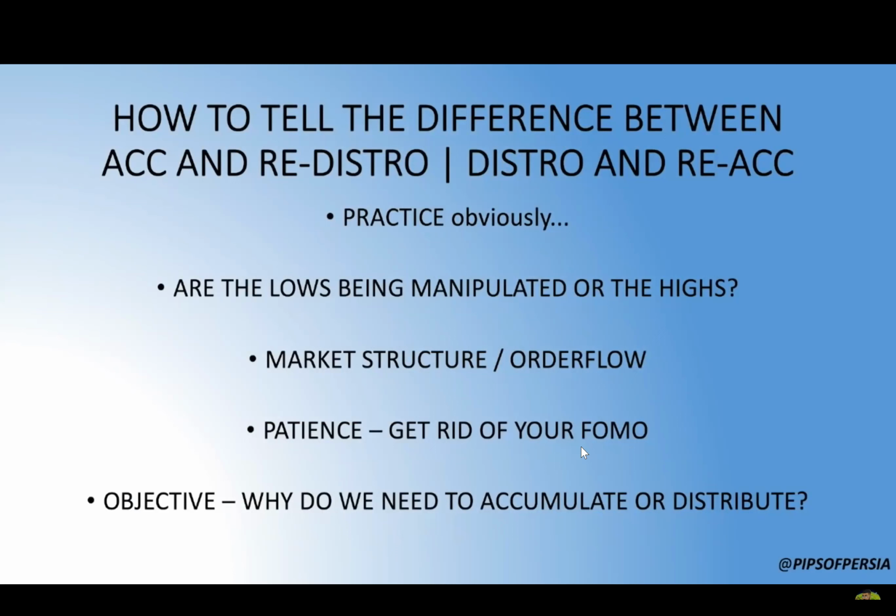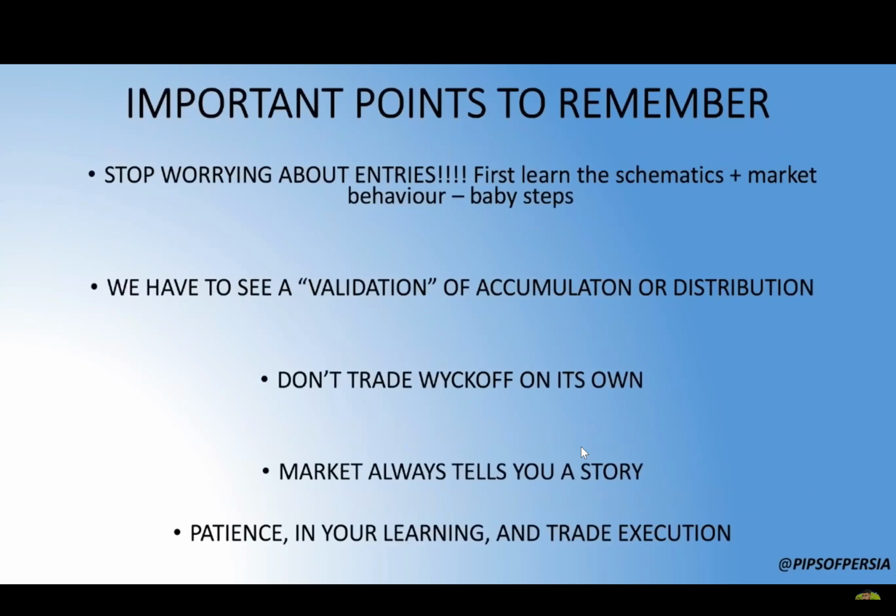There's a higher time frame institutional candle, for example, as long as it also agrees with the higher time frame structure. Then if I see accumulation or distribution on the lower time frames based on those higher time frame institutional candles, then obviously there is an objective for that specific accumulation or distribution, and the objective is consistent with the higher time frames. The market is always telling you the story from the higher time frames to the lower time frames, so try and read that story.